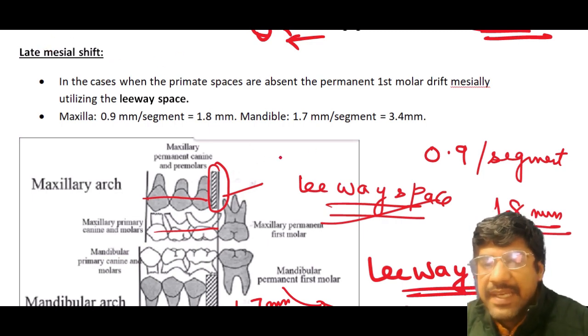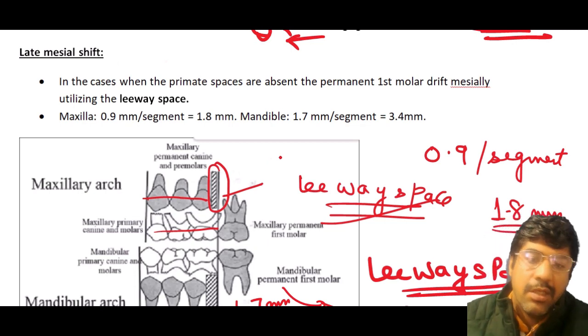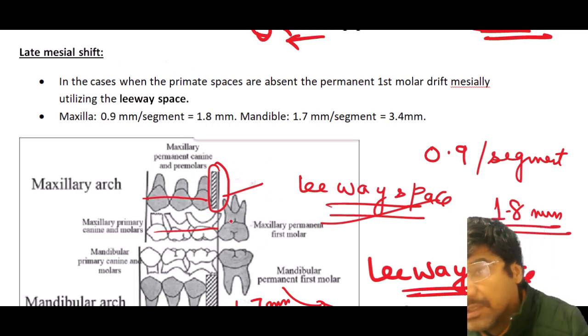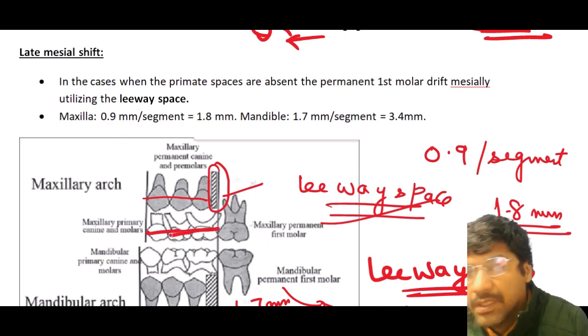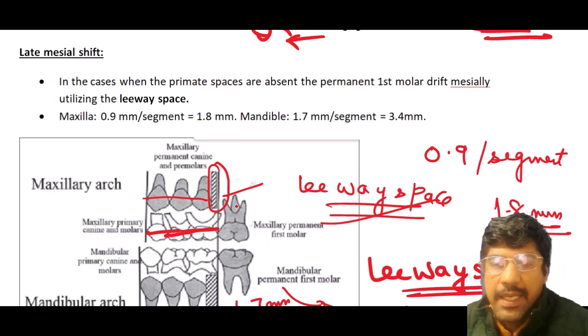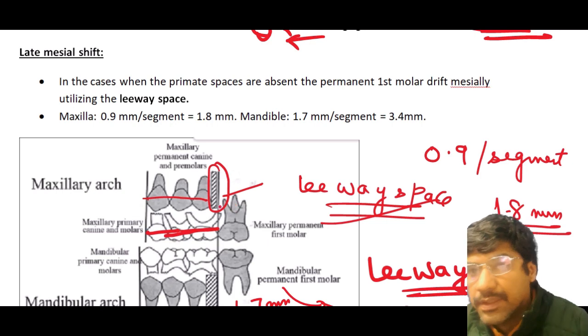Now what is this leeway space of Nance? The combined mesiodistal width of the deciduous canine, first and second molars is more than the combined mesiodistal width of the permanent canine, first and second premolars.